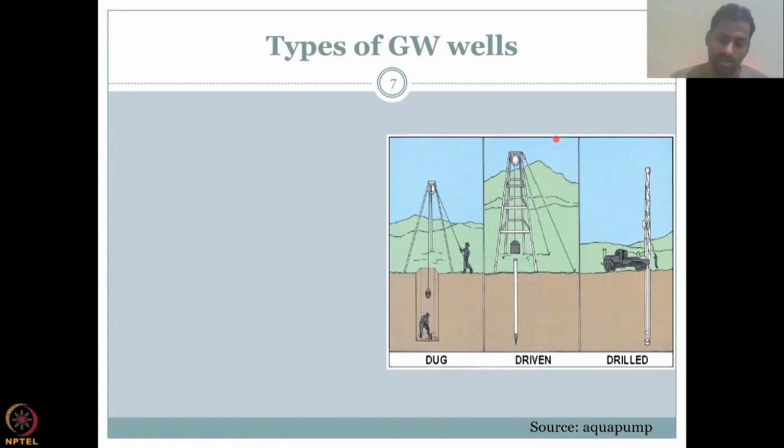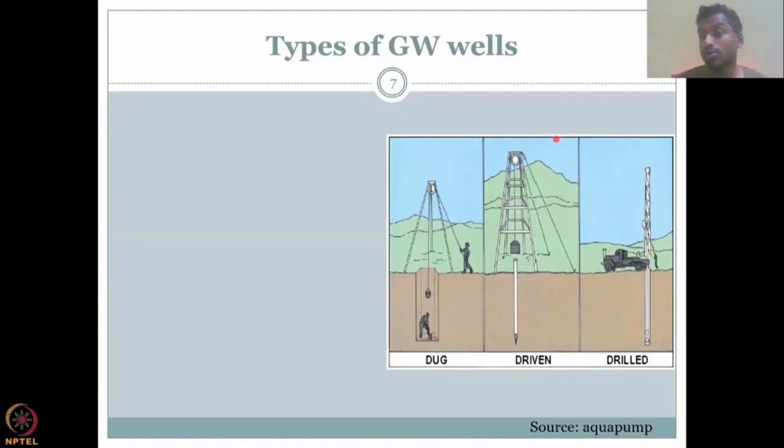Then we looked at the type of well that can fit into a particular geologic situation. Not everywhere you can put your agricultural wells. It has to depend on the consolidated or unconsolidated formation. So based on the geology formation, you are restricted to only put certain kinds of wells.